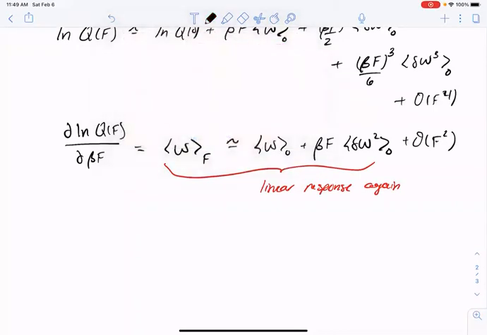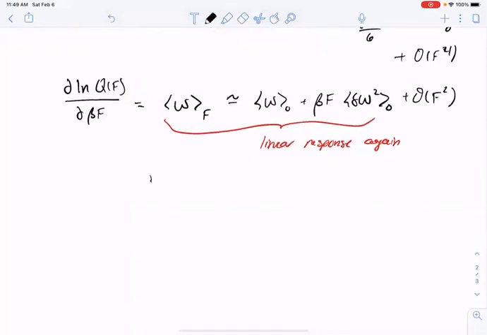In this case, we have just found that the way in which the curvature changes with a force is equal to beta times the fluctuations in the curvature.